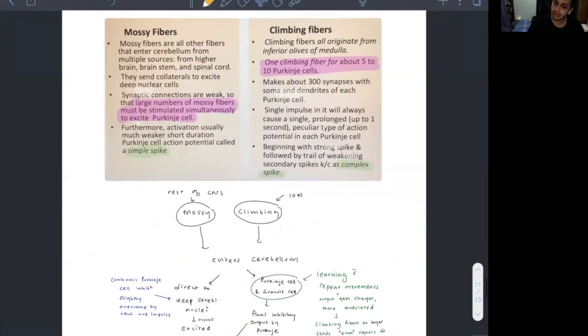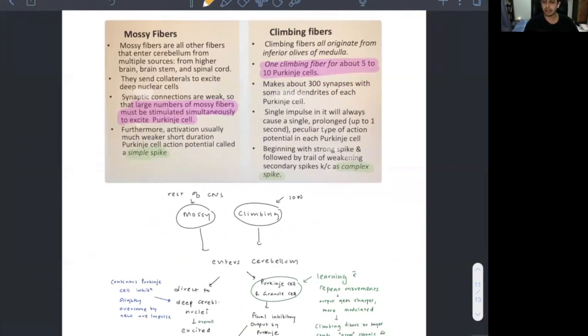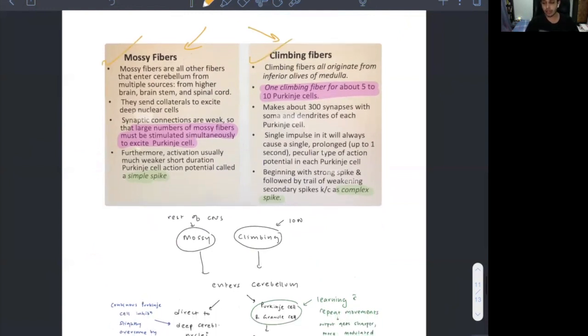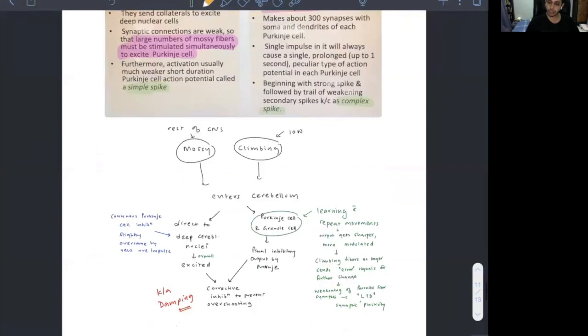And this is another picture that I had copied and kept because this shows the 2 incoming tracts. So there are only 2 fibers that carry information into the cerebellum. One is called the mossy fiber and the other is called the climbing fiber. So all the information that enters the cerebellum enters through one of these 2 fibers. Okay.